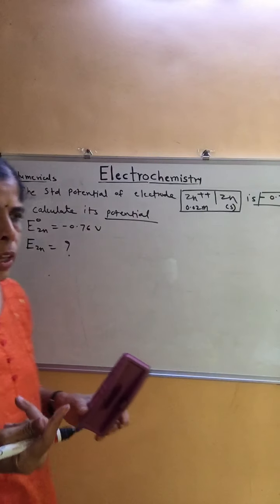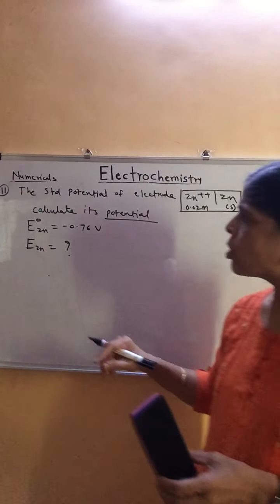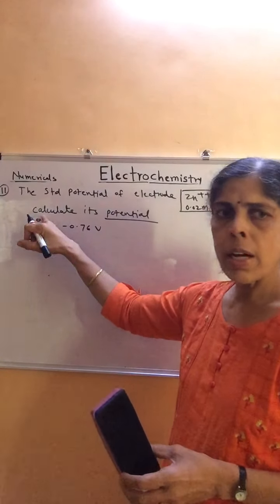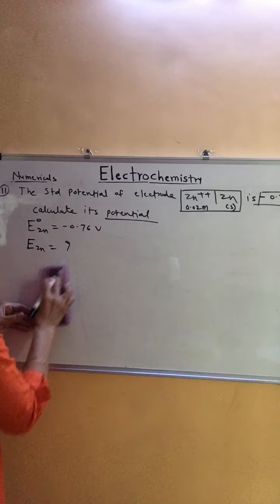So immediately you will get an idea. It is a problem based on the Nernst equation, which gives us the relationship between potential under standard conditions and potential under non-standard conditions. So what is the equation for the electrode?